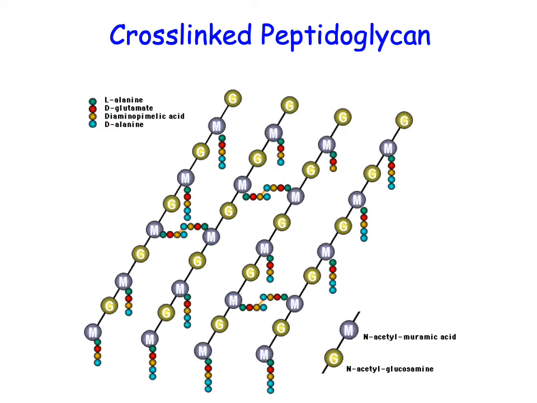Okay, so this is showing how these long chain copolymers of 2 sugar residues and then the amino acid short chains, the different colors representing the different amino acids, cross-link to each other to form this tight matrix.